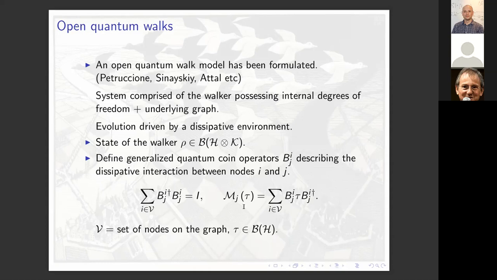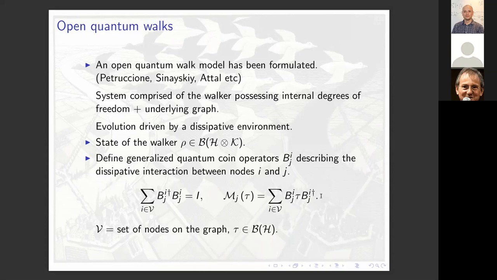And then for every site J on the graph, we can define this completely positive trace preserving map. Some people refer to this as the Kraus representation. It's just a sum over I, where you've got the quantum coin operator acting on tau, the state describing the internal degree of freedom, and then you've got your B dagger.